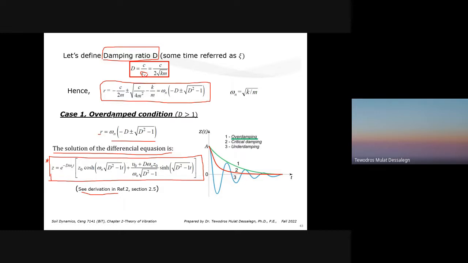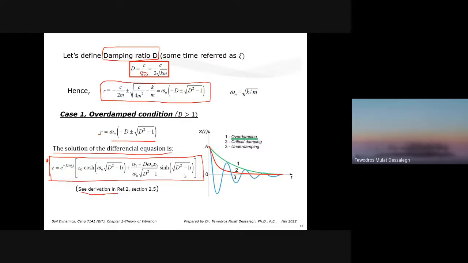Depending on that, you have the overdamping condition, which is the green line. This is a sample plot, as if you plot amplitude versus time. In the critical damping or overdamping case, they don't go into oscillation. They damp out very quickly without much oscillation. And you have these general solutions for displacement versus time.